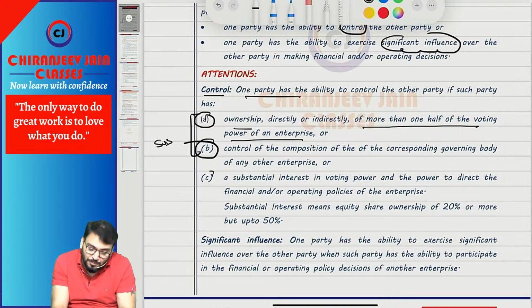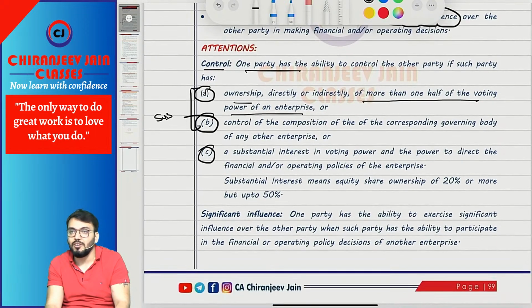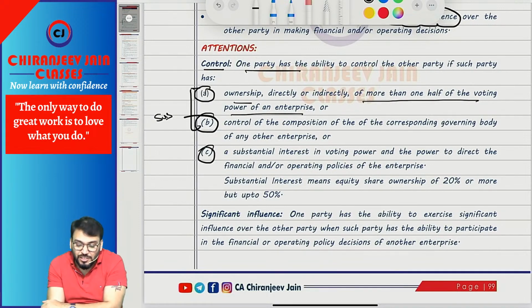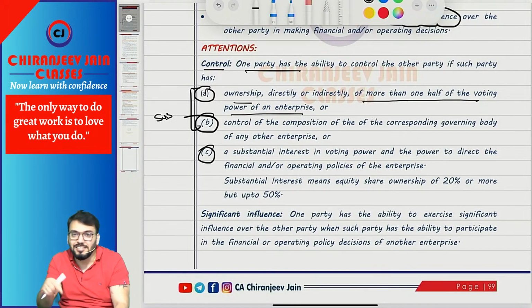Correct. But they have given one more point for the control definition, which is related only to AS18, not to AS21: a substantial interest in the voting power and the power to direct the financial and operating policies of the entity. Substantial interest means more than 20% but less than 50%, and they also have the power to direct the financial and operating policy.